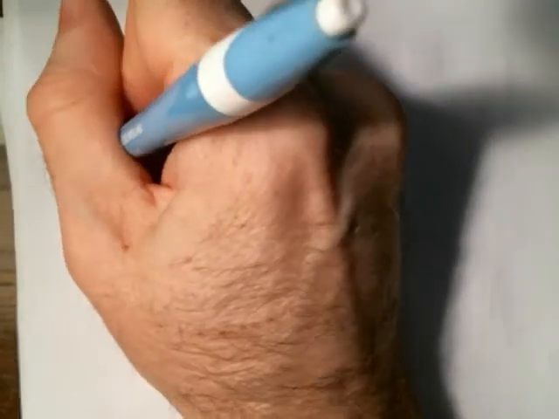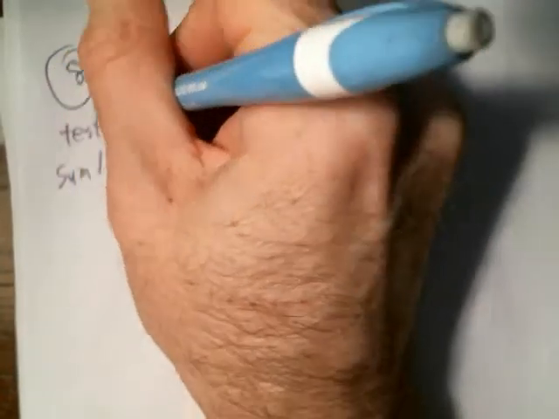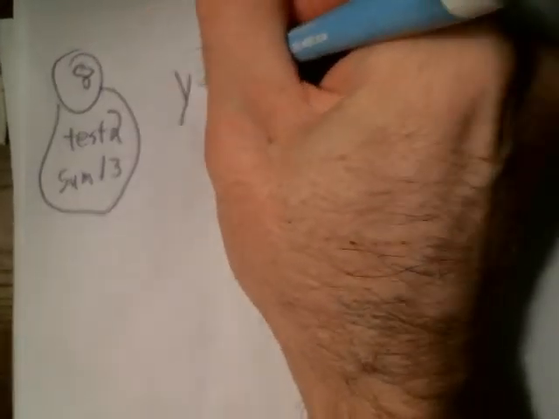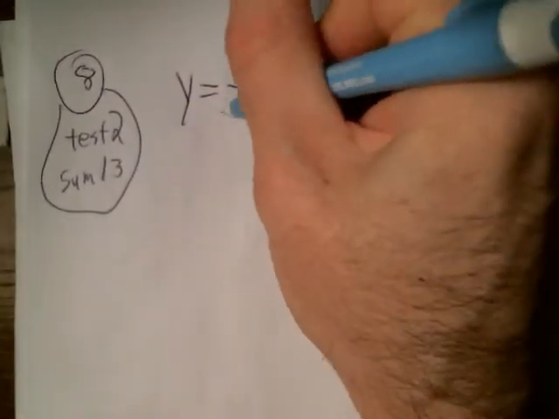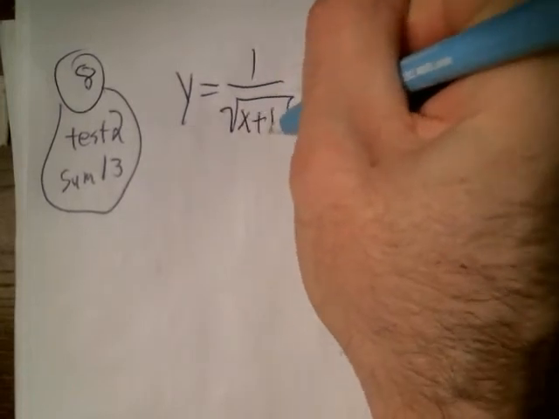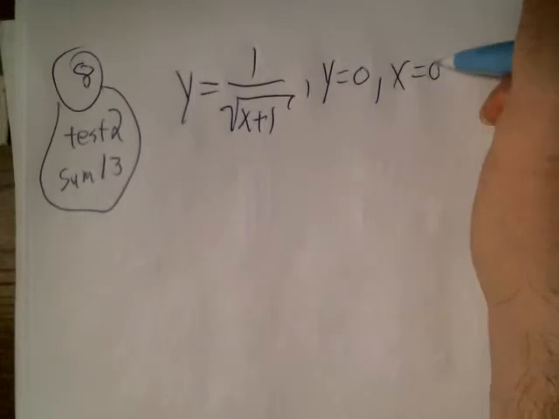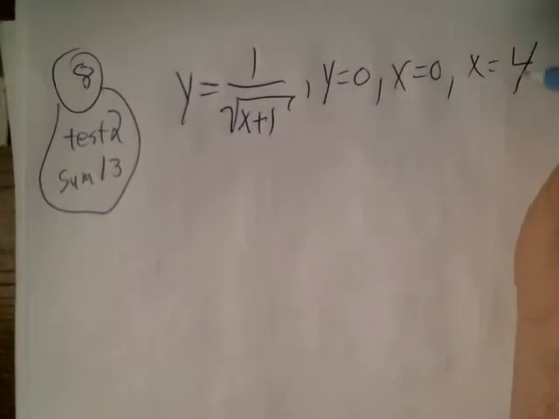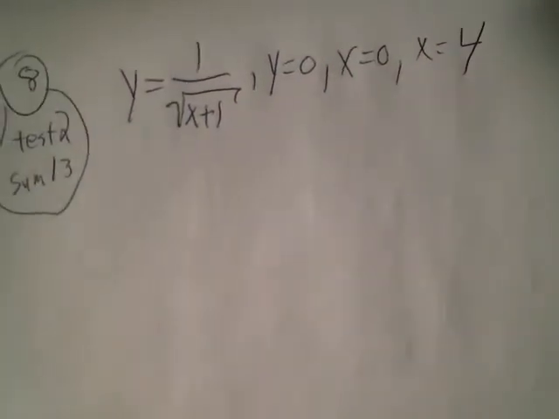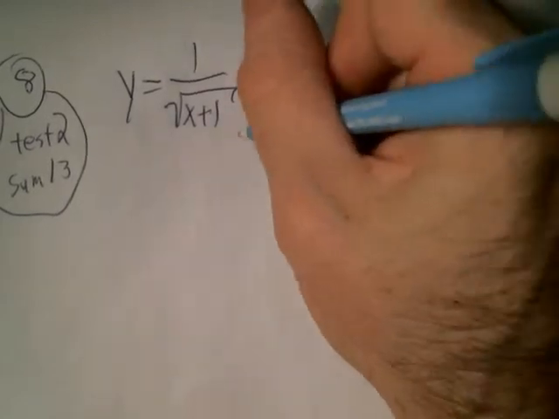It's from summer 2013. Okay. And they want you to rotate the region y equals 1 over square root of x plus 1, y equals 0, x equals 0, x equals 4, about the x-axis.